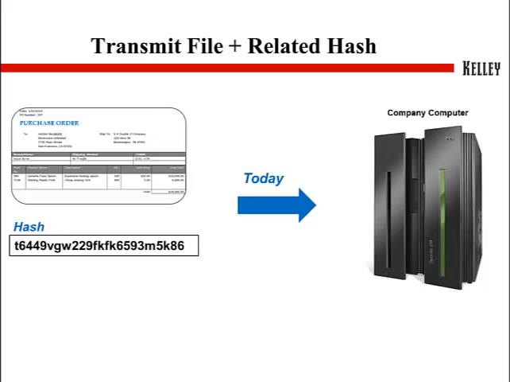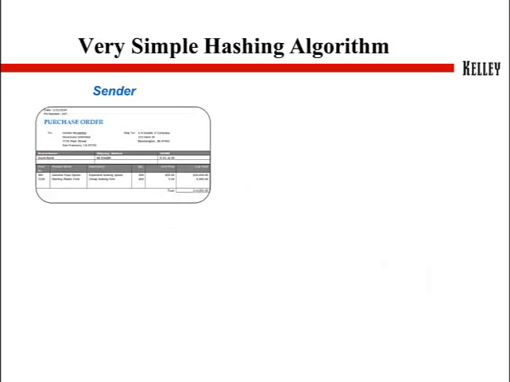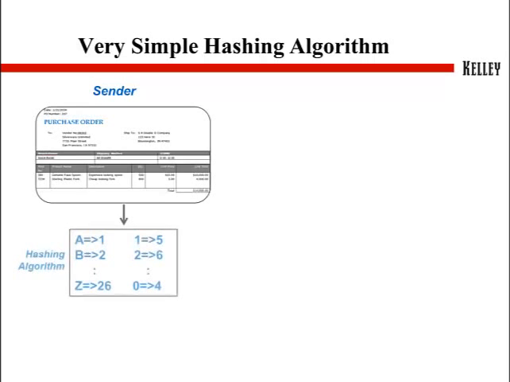Nowadays, we transmit the original file, the purchase order file, and the second file is a hash file, and it's created by a hashing algorithm. I've created a very simple example to show you what is involved with a hashing algorithm. Suppose I've got my purchase order that I want to transmit, but before I transmit it, I create a program called a hashing algorithm.